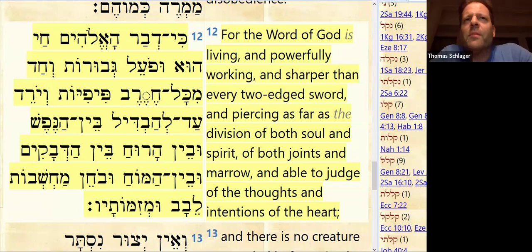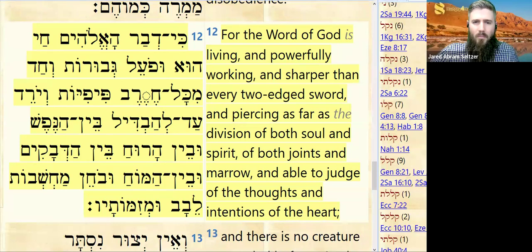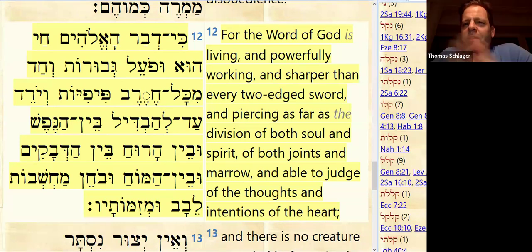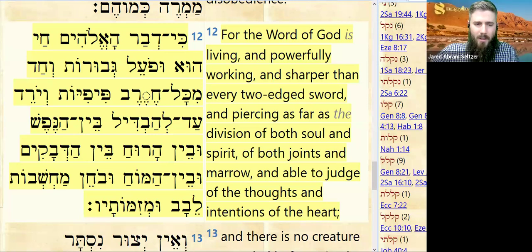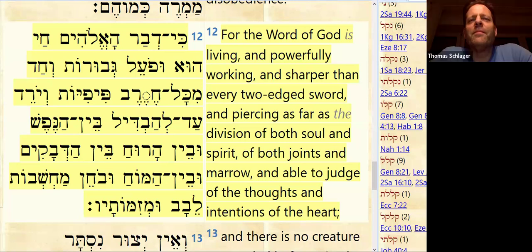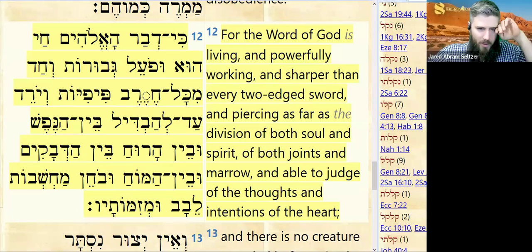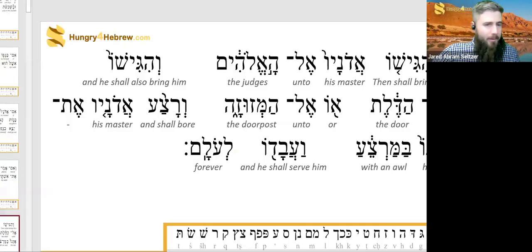In Germany it's also translated as judge of the alignment of the heart. Wonderful. I see, thoughts and intention of the heart. Okay, that's the same. So it's making a decision, a decisive discernment between two things. Okay, I got it. Wonderful.